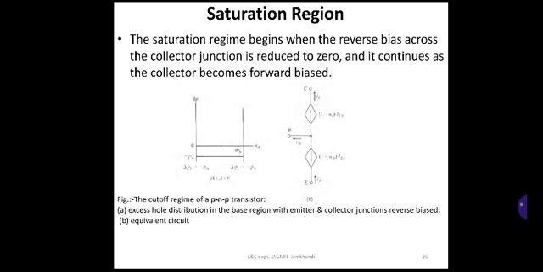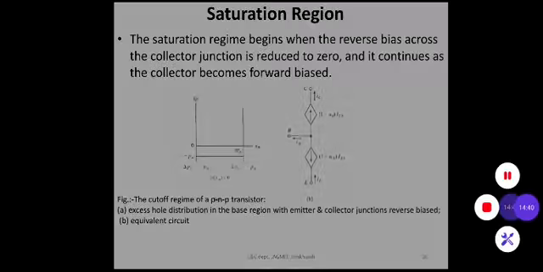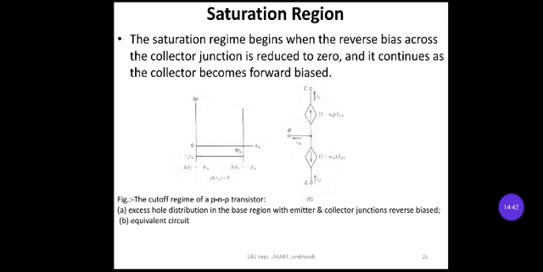The next one is the saturation region. These figures actually belong to the cutoff region.